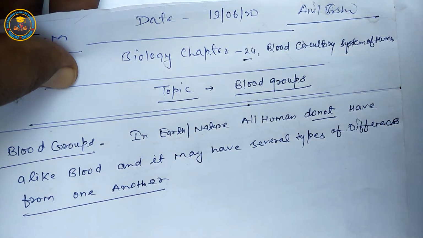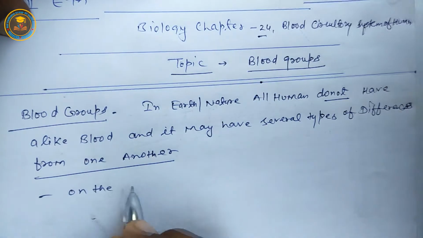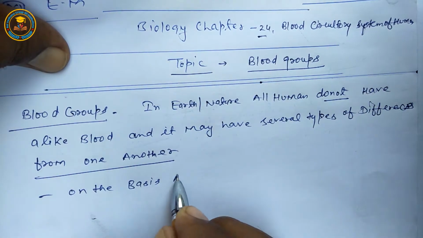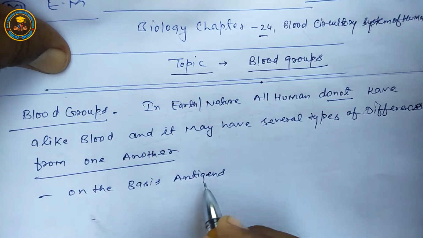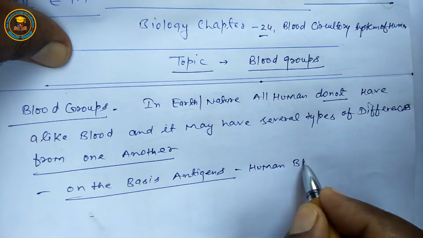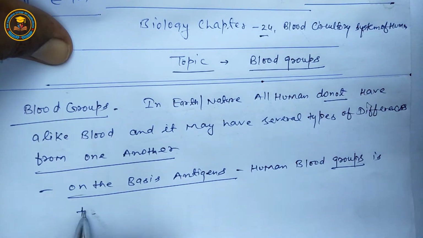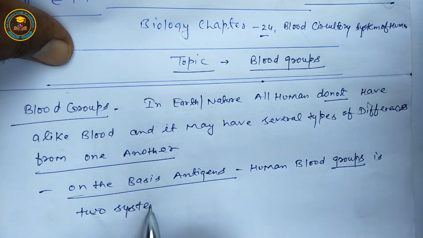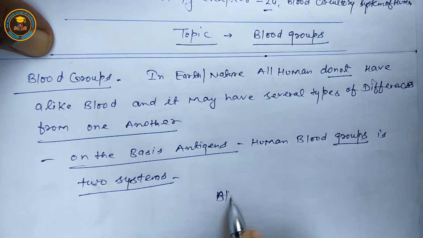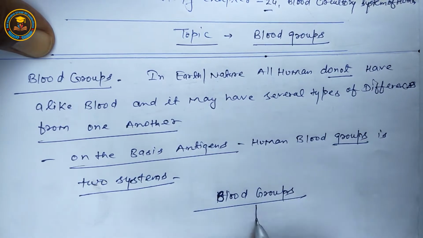Next, on the basis of antigens, human blood groups have two systems.